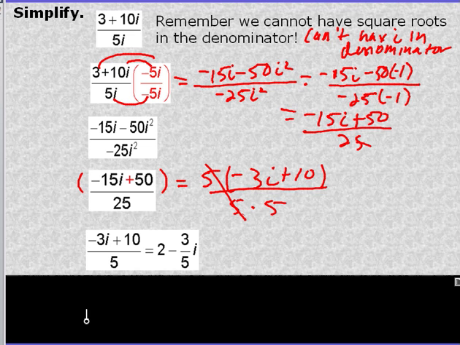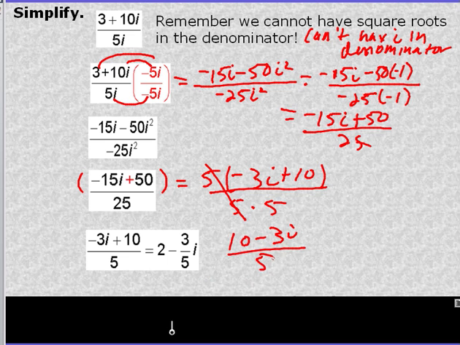And now if you rewrite this in a plus bi form, it becomes 10 minus 3i over 5. They went ahead and simplified. 10 divided by 5 is 2, minus 3i over 5. So you should always try to simplify as far as you can.